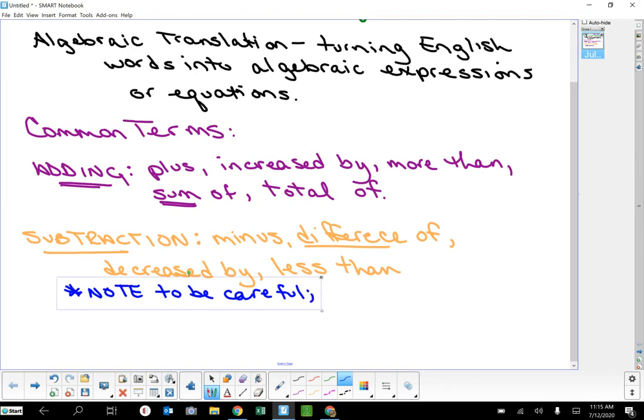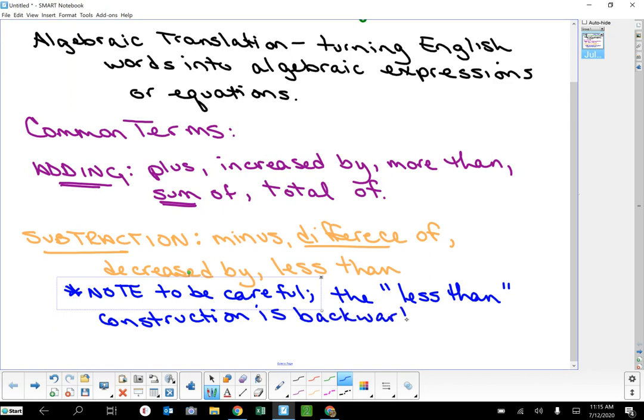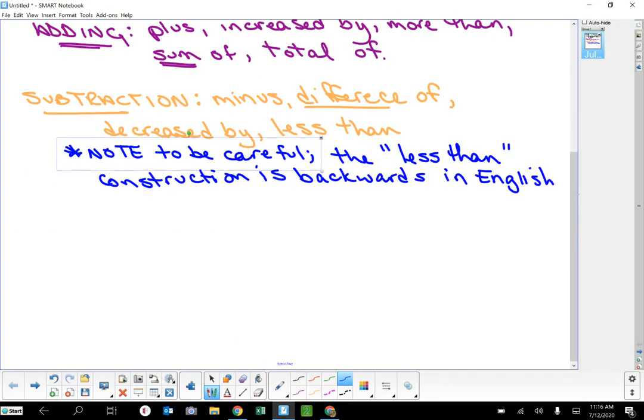The less than construction is backwards in English as compared to math.